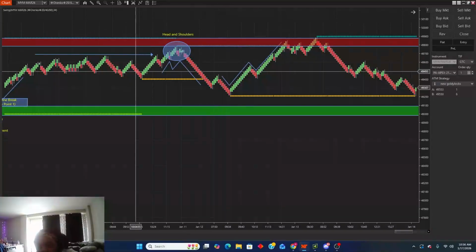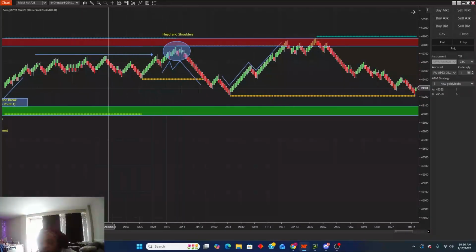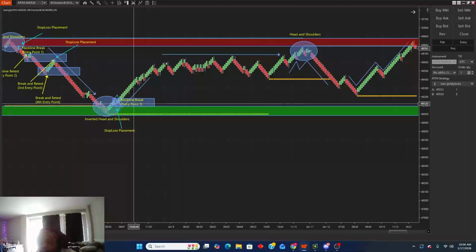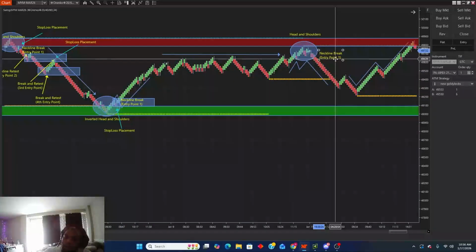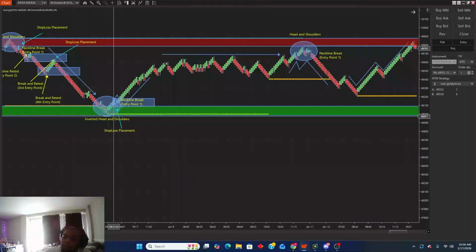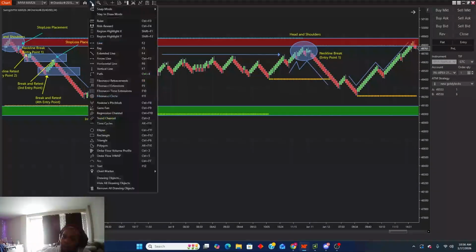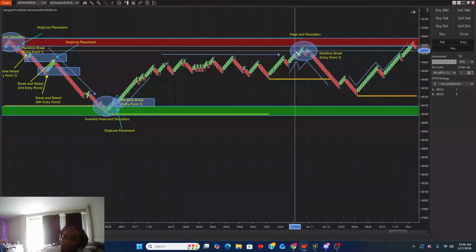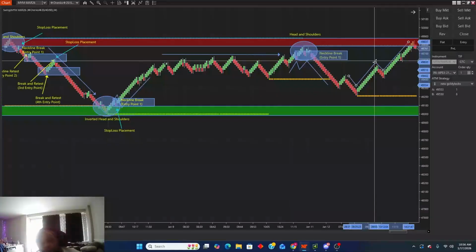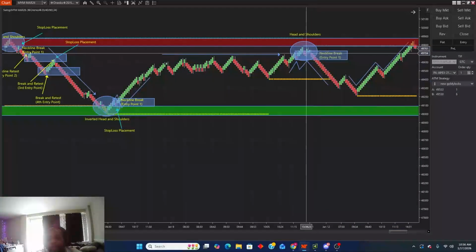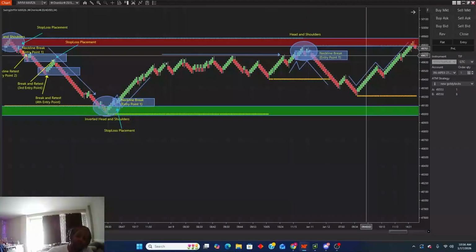A neckline break, which is what you got here. You could have said either here or here is my neckline break off of the external. All right?